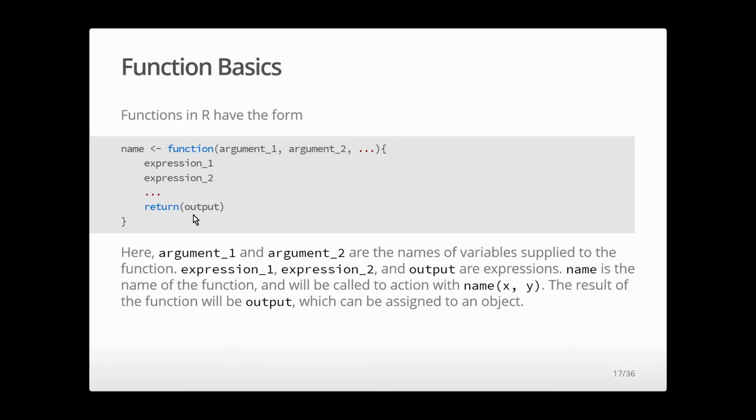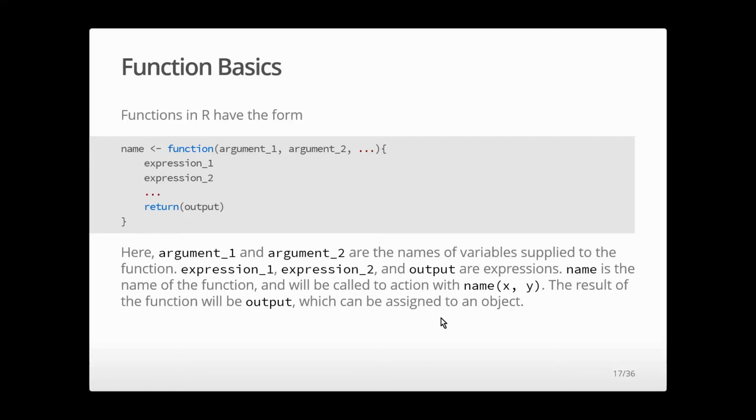You don't have to explicitly state the return, but the result of the function will be the output there, okay? Because when you run a function, it kind of runs in its own little world, and the only way you get the function to interact with the outside world is through the returned object, okay?